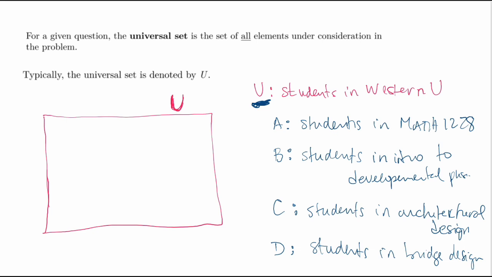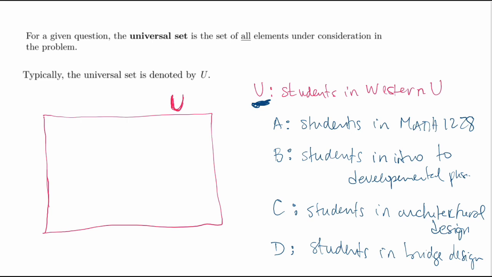So all the elements that I am considering are inside this set. So for example, the students in Math 1228, well, they are Western students. Okay, they are all inside U. B, students in developmental psychology, they're all Western students as well. C, students in architectural design from the Faculty of Engineering, they're also Western University students, and D as well. Okay, so this is my universal set.